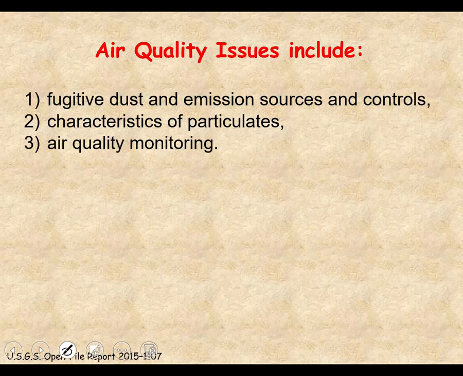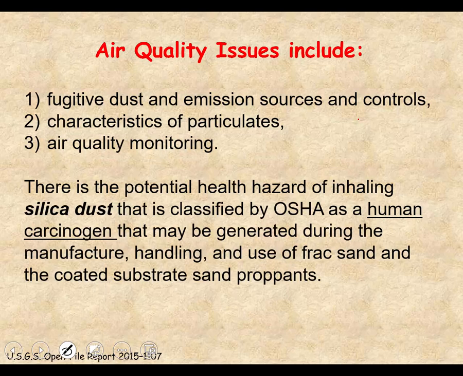Okay? For air, it turns out that one of the bigger problems is potential dust emission for silicosis. Silica can be a carcinogen, and if you're around a lot of producing this sand or transporting this sand, you've got to be very careful about monitoring and protecting people.